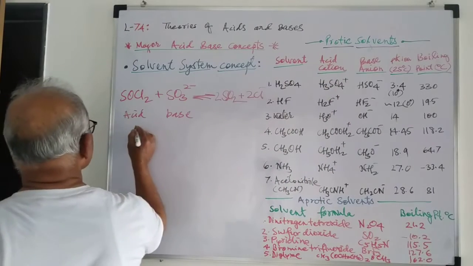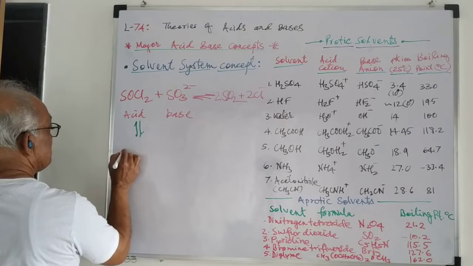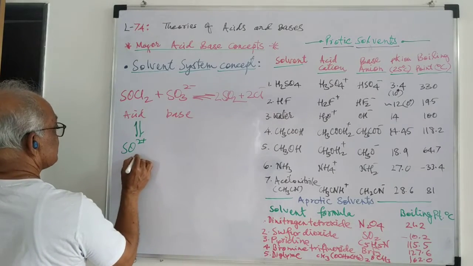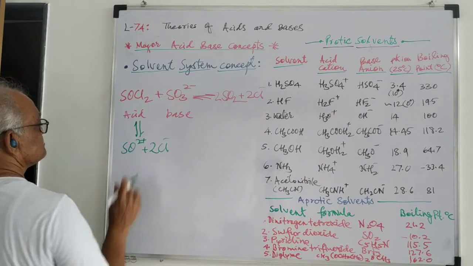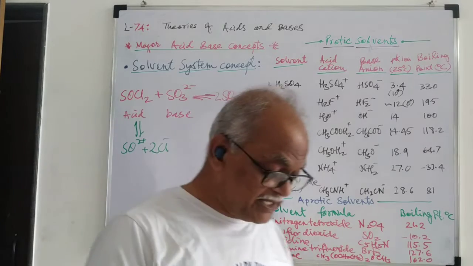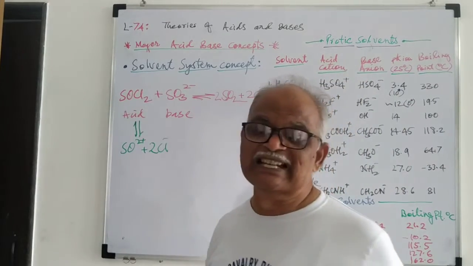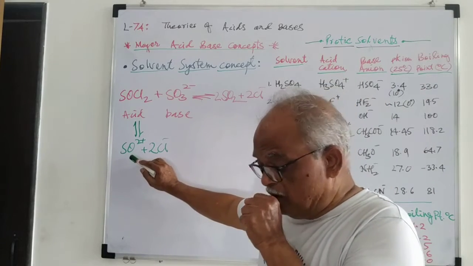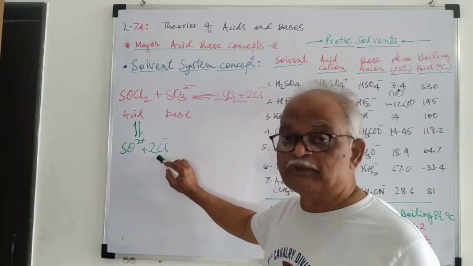We can show this dissociation here: SO2 2+ and 2 Cl minus. So SOCl2 is expected to dissociate into this SO2 2+ and 2 Cl minus.